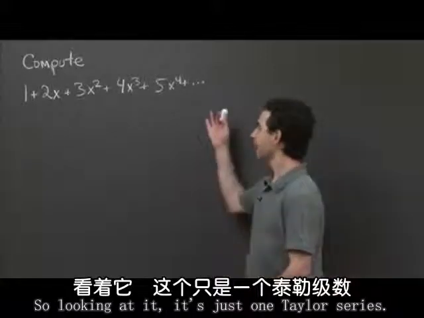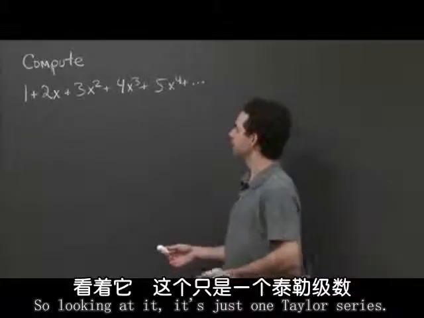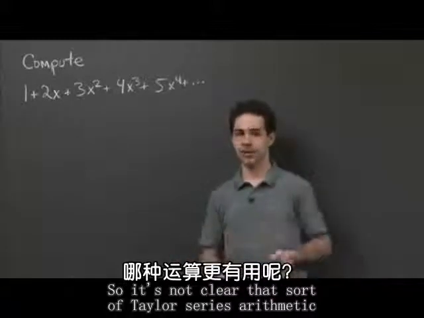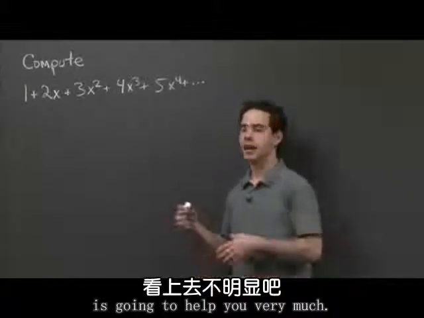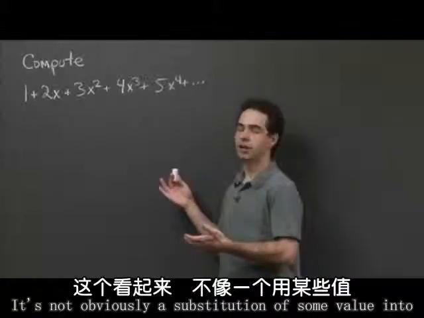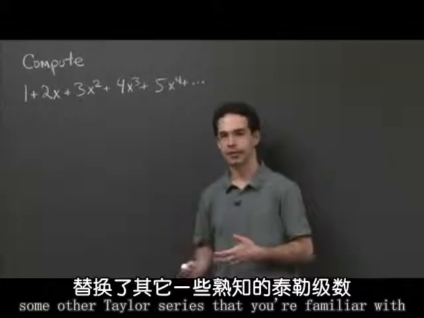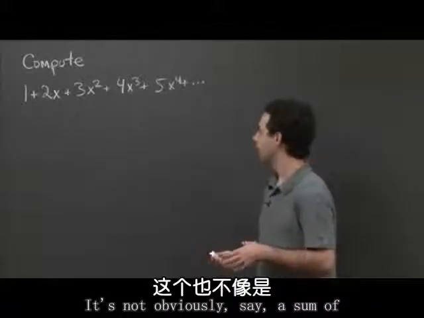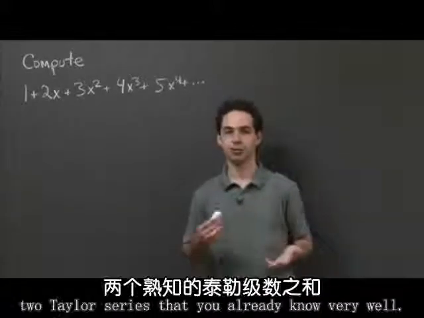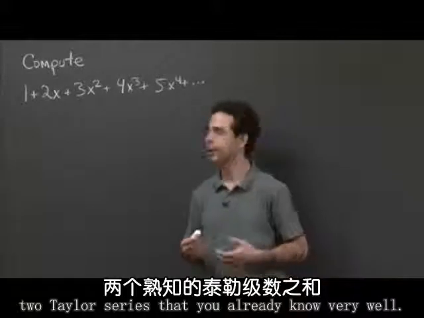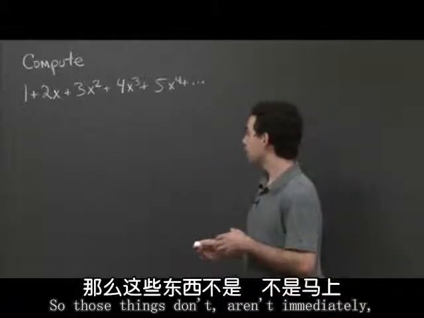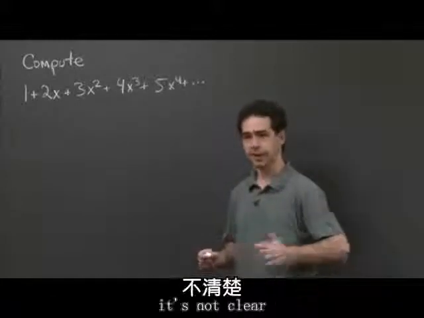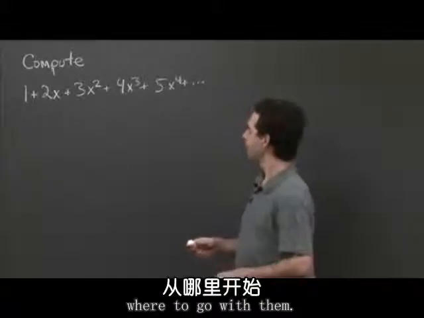Looking at it, it's just one Taylor series, so it's not clear that Taylor series arithmetic is going to help you very much. It's not obviously a substitution of some value into some other Taylor series that you're familiar with. It's not obviously a sum of two Taylor series that you already know very well. So it's not clear where to go with those.